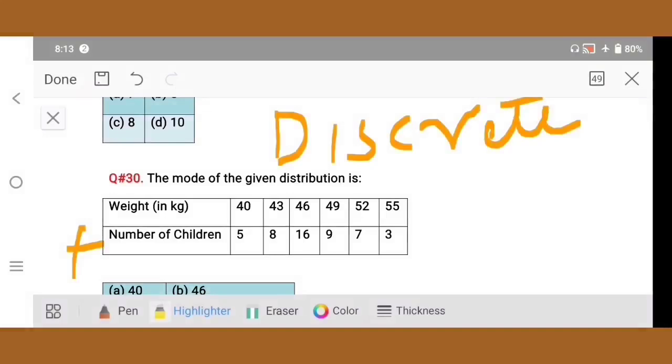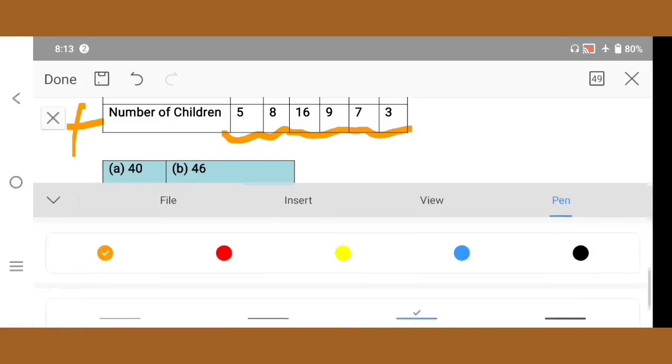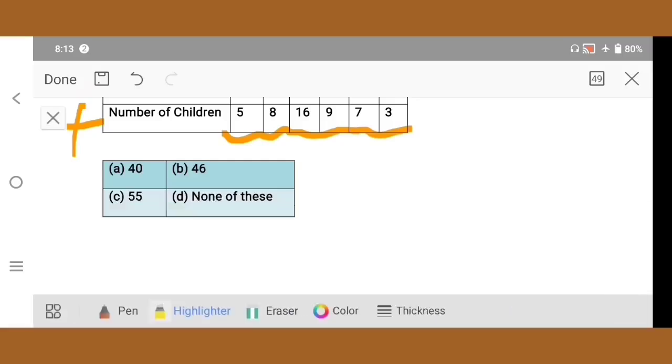In this case we just see in the frequency column the highest frequency, that is 16.